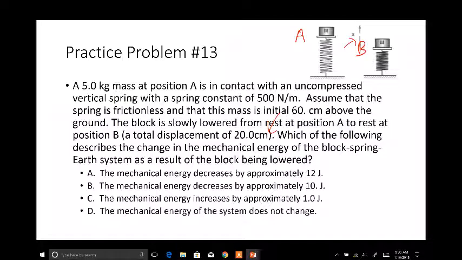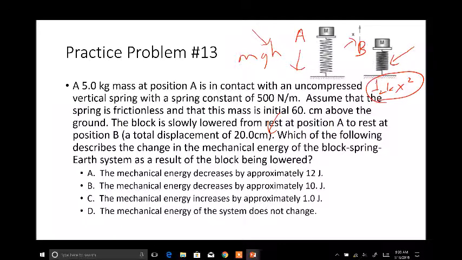Which of the following describes the change in the mechanical energy of the block, spring, or system as a result of the block being lowered? So we know as the block goes down, the amount of gravitational potential energy goes down. But as the block goes down, the amount of elastic potential energy goes up.